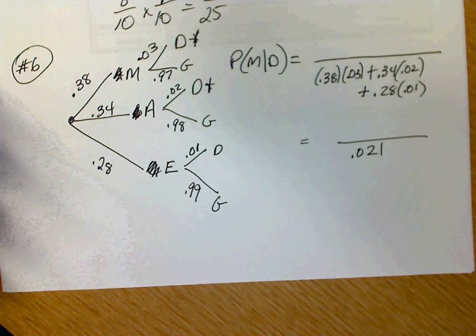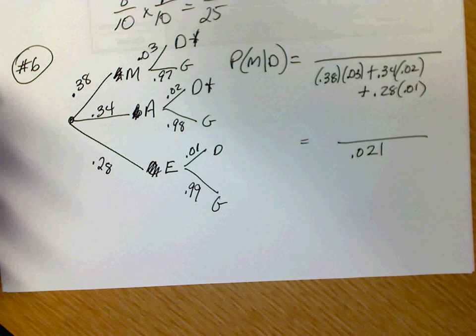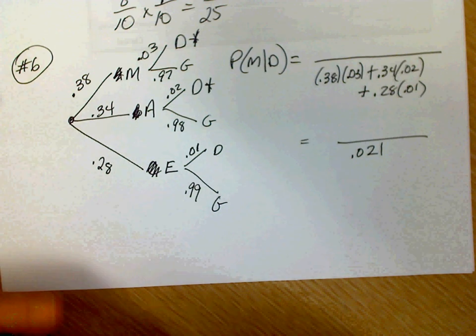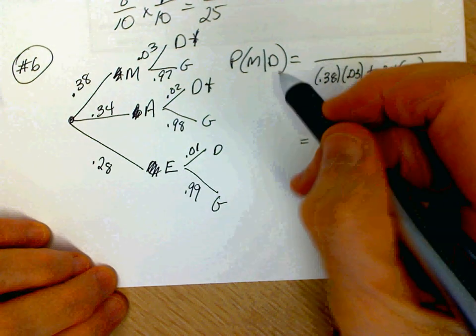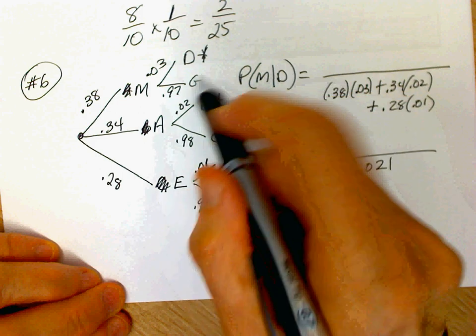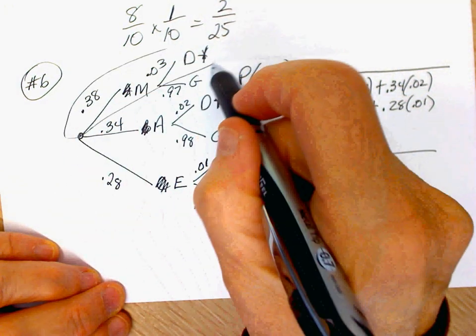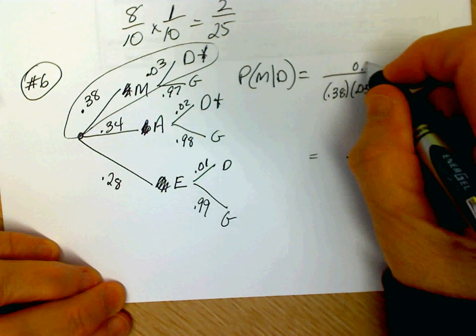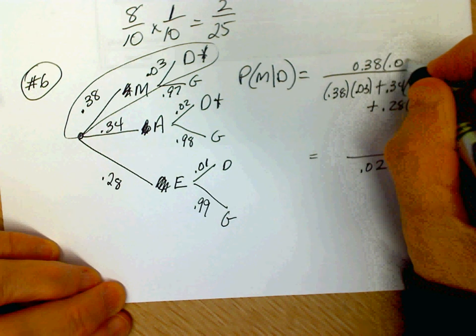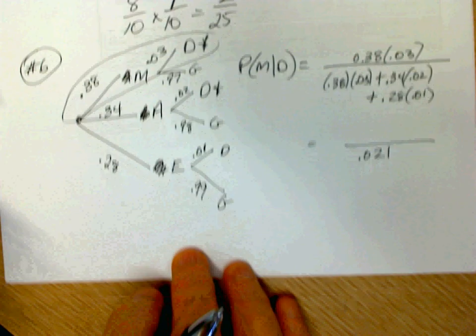Okay. Perfect. Thank you. And now, what's the intersection of morning intersection defective? It is this one, 0.38 times 0.03.